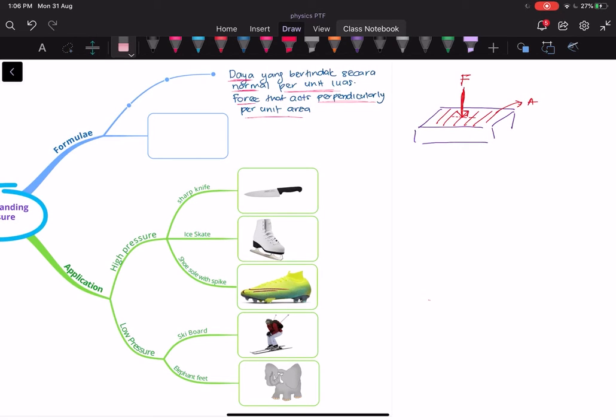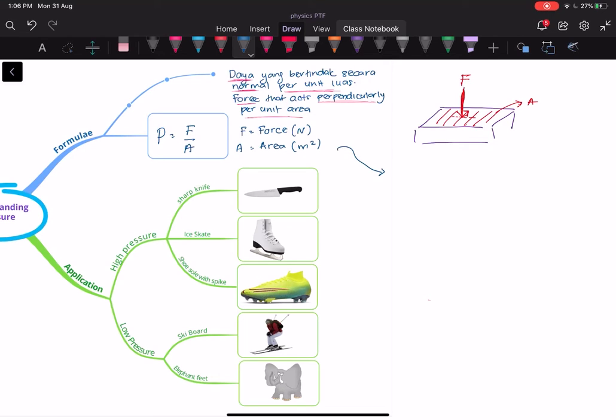Okay, jadi apa formula yang terlibat untuk tekanan? Tekanan formula dia daripada definisi tadi, tekanan bersamaan dengan daya per unit luas. Where the F here is the force. Remember, force is measured with the SI unit Newton, whereas the area, kita luas kawasan kita measure dengan unit meter squared, bukan cm squared tapi meter squared.